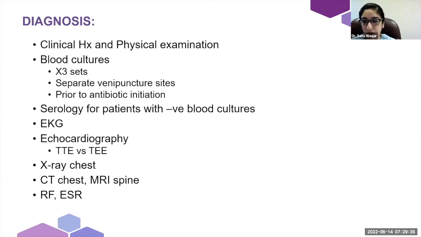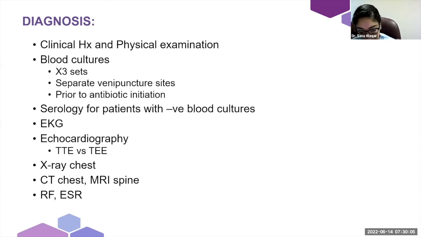So obviously clinical history and physical examination. And again, in the clinical history, things to specifically ask about are any risk factors that would put them at risk for bacteremia, whether it's a dental issue recently, dental fillings, a recent abscess somewhere that may have resulted in bacteremia that eventually seeded their heart valves, any zoonotic exposure, high-risk exposures such as IV drug use.